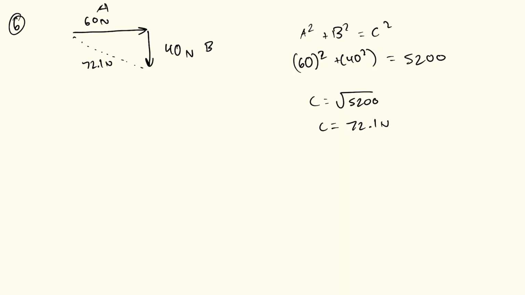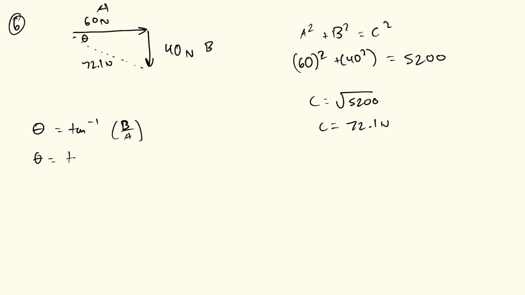72.1 newtons. And then the theta that's over here is once again equal to the inverse tangent function, opposite over adjacent. Theta is equal to inverse tangent b over a.